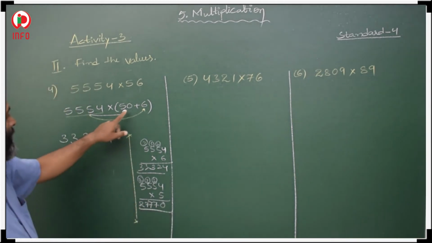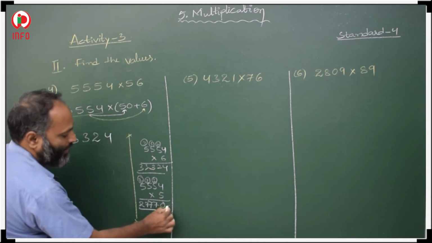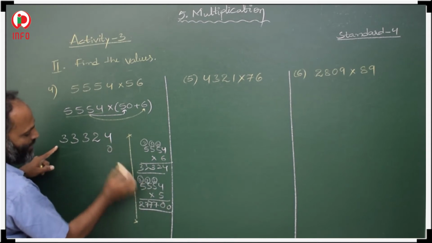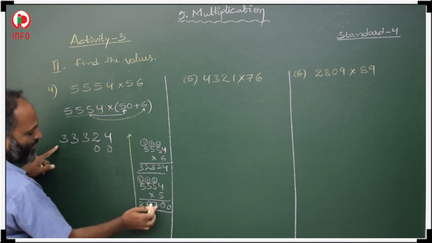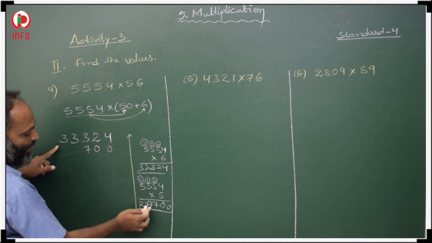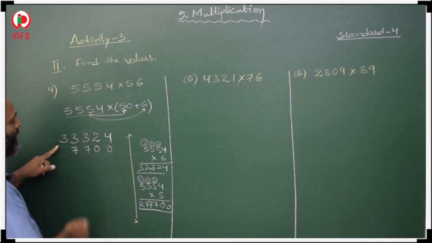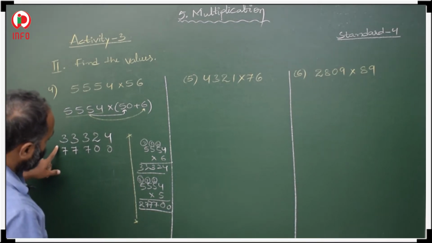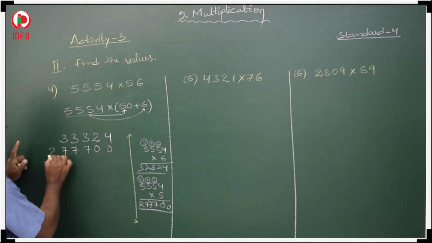Here 50 means one 0 is there, we keep one 0 in ones place. Then how to take? First 0 in ones place, another 0 in tens place, and 7 in hundreds place, another 7 in thousands place, one more 7 in 10,000s place, and 2 in lakhs place.